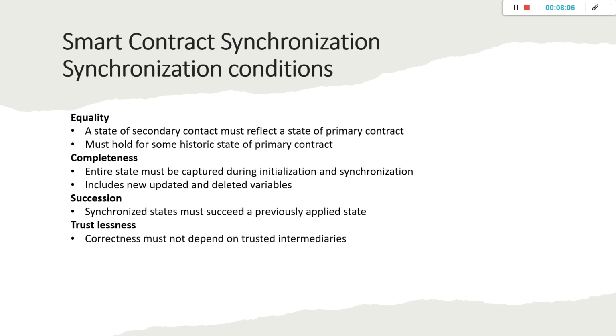A partial set or a subset cannot be executed itself. Succession means after the synchronization, the state must be at least one more than the previously applied state. And trustlessness ensures that the correctness must not be dependent on a third party.